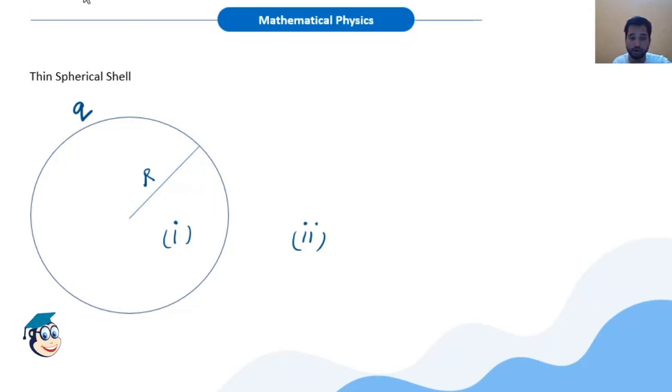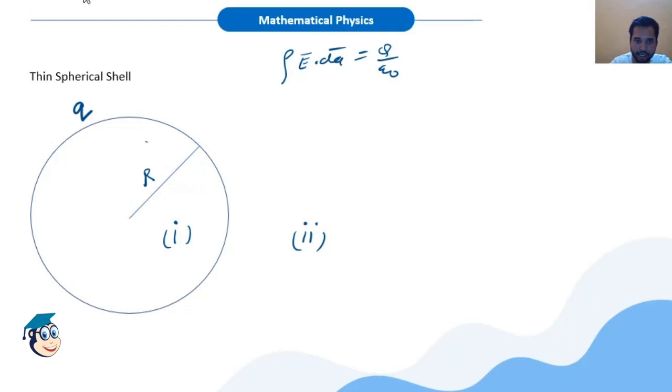Can you guys tell me what would be the electric field inside the shell in region 1? Yes, you can easily tell using Gauss law. You know, closed integral of E dot dA would be equal to Q by epsilon naught. Let me write this. Closed integral of E dot dA would be equal to Q enclosed divided by epsilon naught.